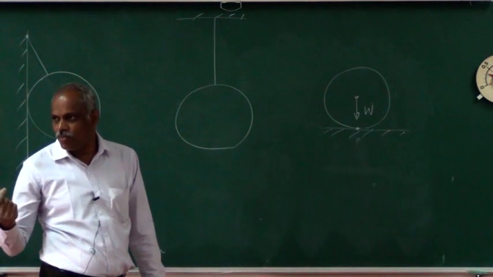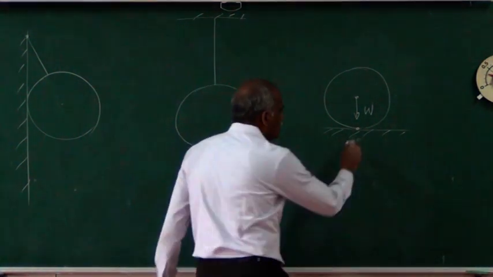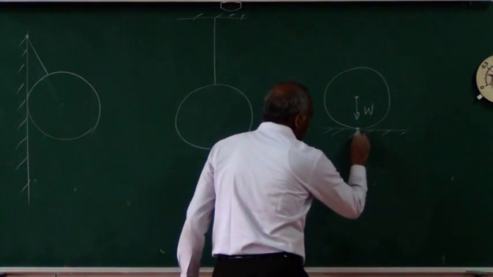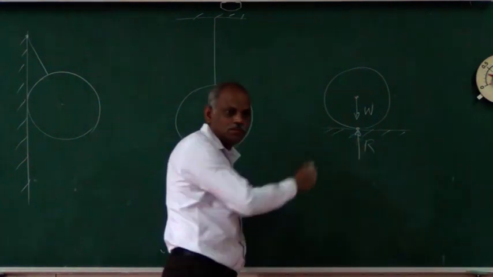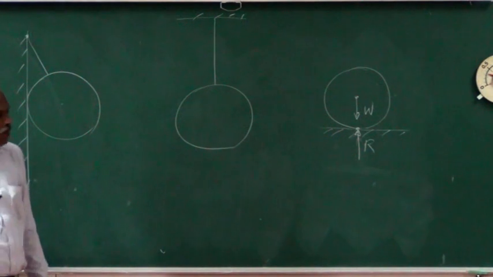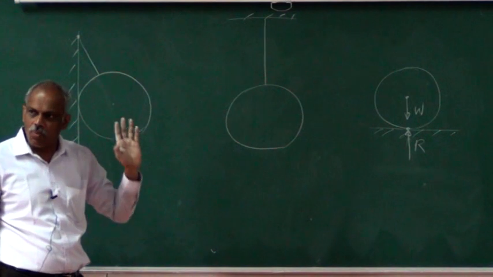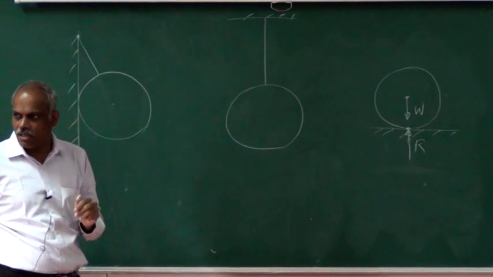The contact is assumed to be a point, as it is a spherical ball. If you assume it to be a point, then you will have a reaction coming from the floor. And what is the direction, what is the magnitude, and what is the point of application of the reaction R?